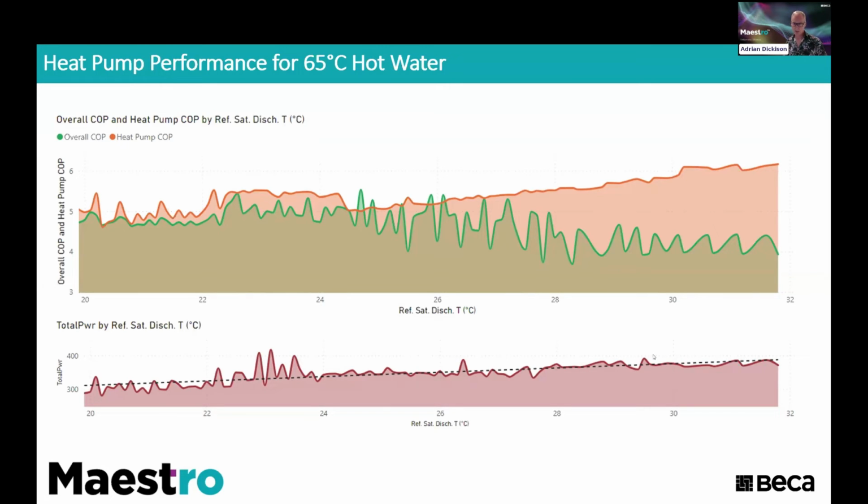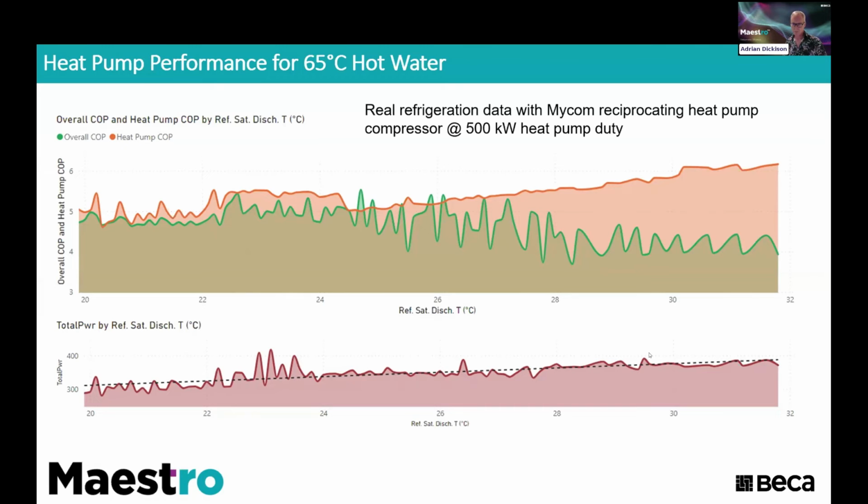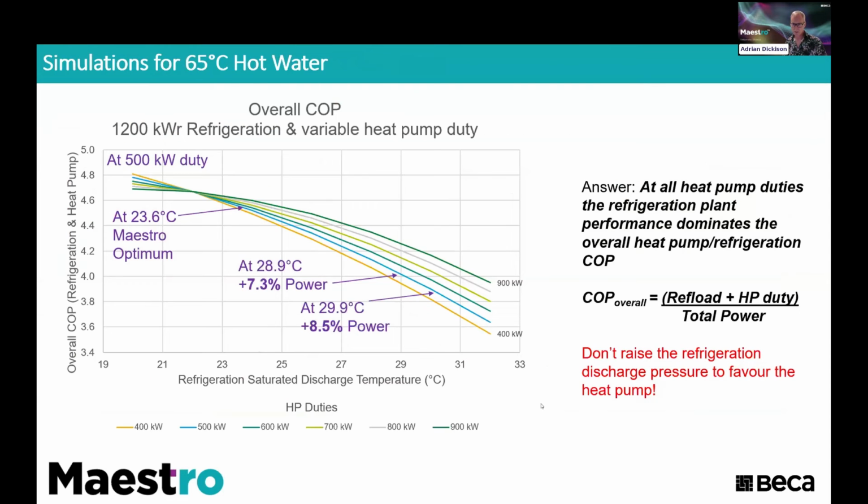So that's what you've got to keep in mind. Bearing that in mind, that was 500 kilowatts of heat pump. What happens if we have different size heat pumps? We built a family of curves here, and the salient point is that all of the COP curves, irrespective of heat pump size, are sloping down.